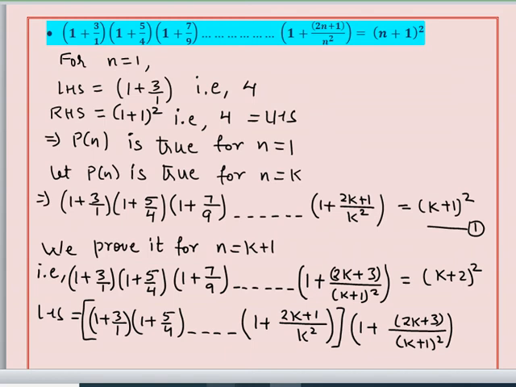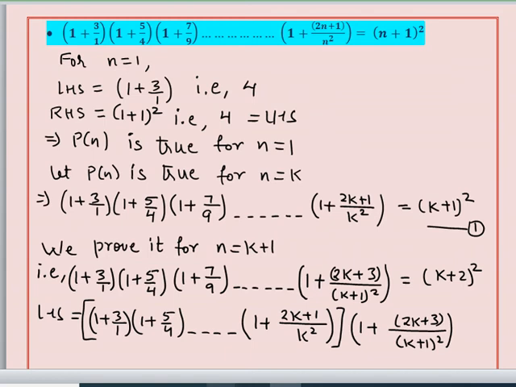So assuming it is true for n equal to k, we are going to write the resulting statement. You will find when n is replaced by k, this is what we get. So we are going to use this in order to prove that the result will be true for n equal to k plus 1 as well.